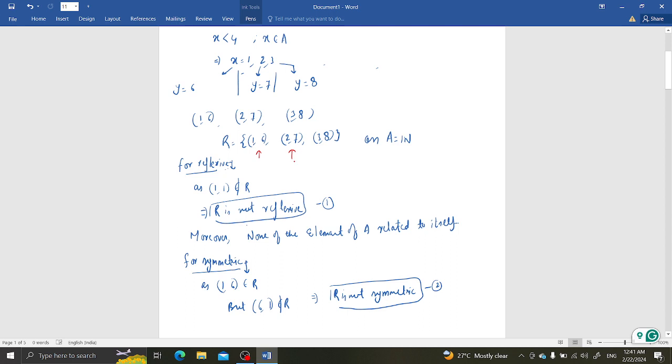The same holds for (2, 7): it belongs to R, but there is no element starting with 7 and ending with another different element. So we can say this element also satisfies the transitive property, and this element also satisfies the transitive property.